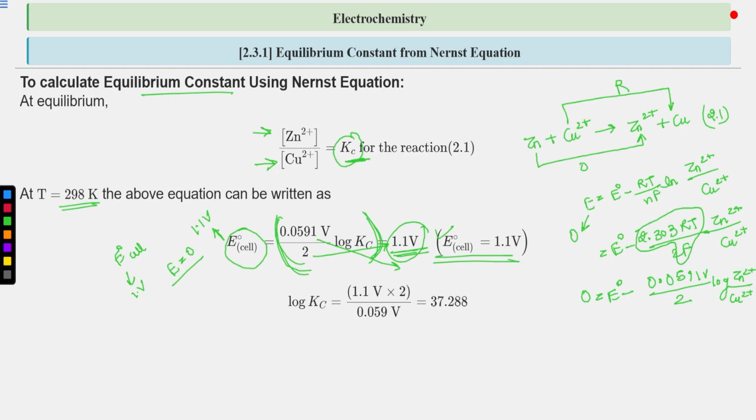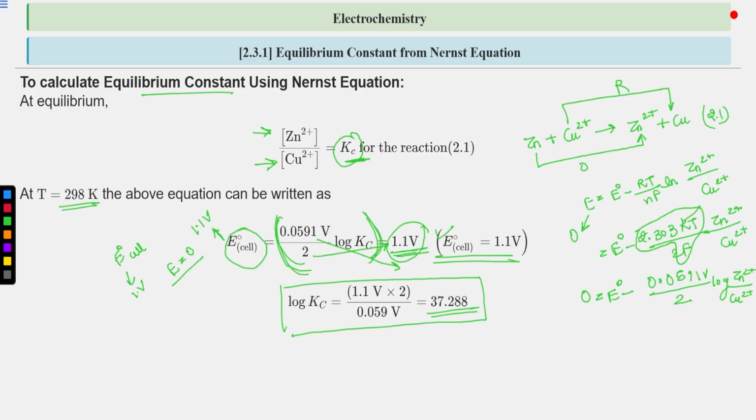When you solve this fraction, it becomes 37.288. This is the log Kc value we have just derived, 37.288.